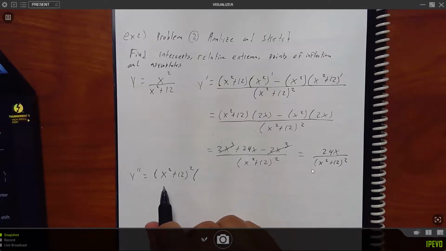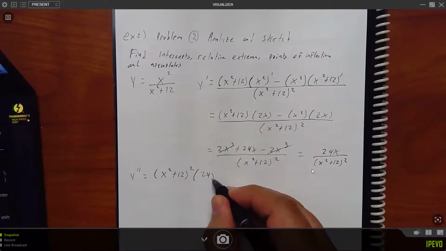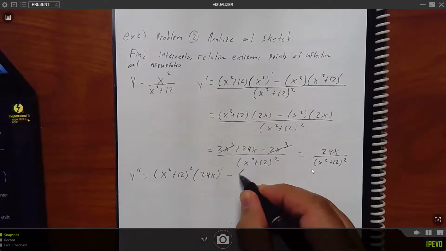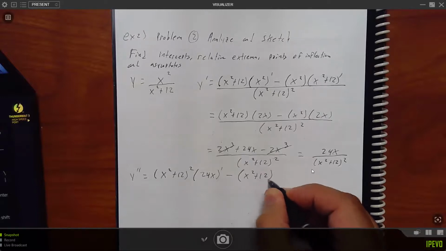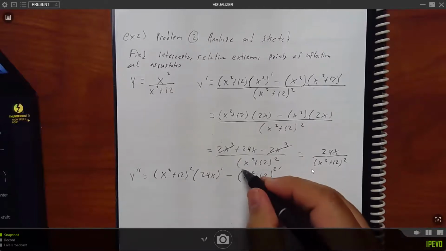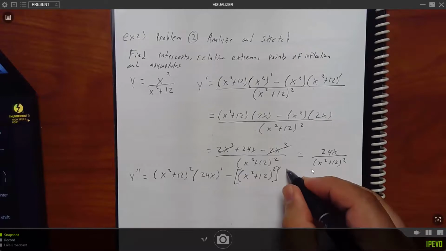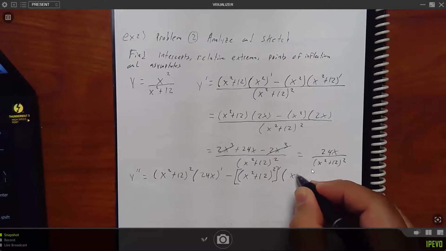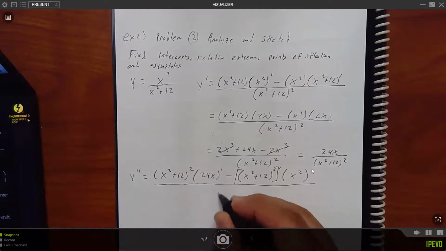So derivative of the top minus derivative of the bottom times the top. Then we'll square the bottom again, which would become a fourth.